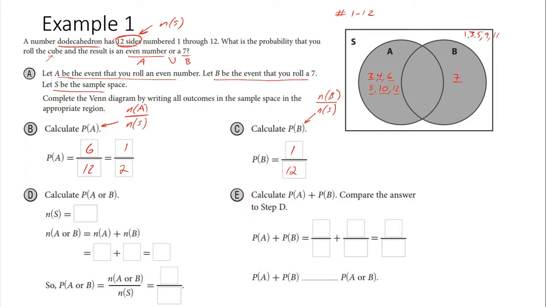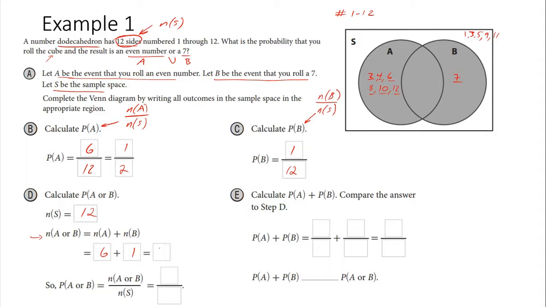All right, so let's go ahead and calculate. This is part D. Calculate P, the probability of A or B. Well, for our total sample set, we have, again, 12 sides for our die. Now, the number of elements in A is 6. The number for B is 1, so we're talking about the number of elements.